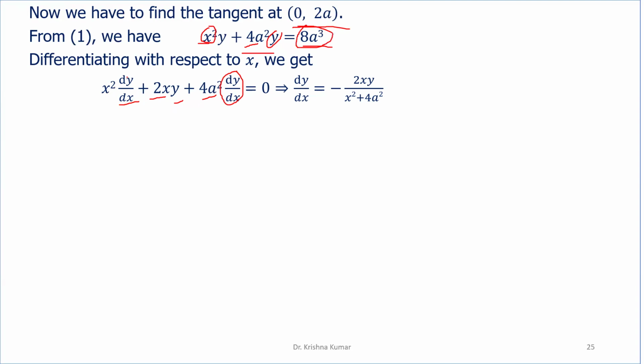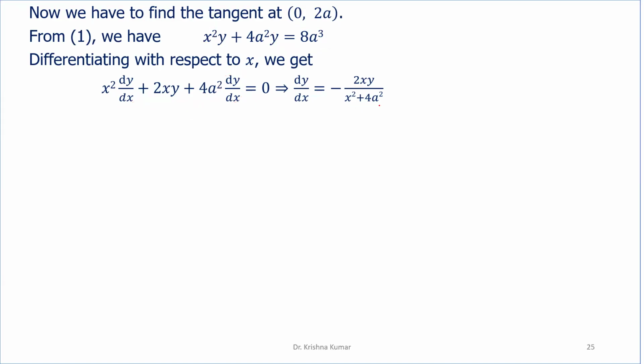Now if we simplify it, we can transpose 2xy to the right hand side, and (x² + 4a²) times dy/dx. So dy/dx is minus 2xy upon (x² + 4a²).